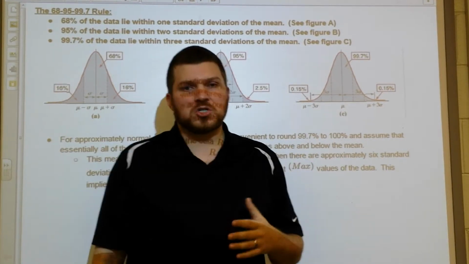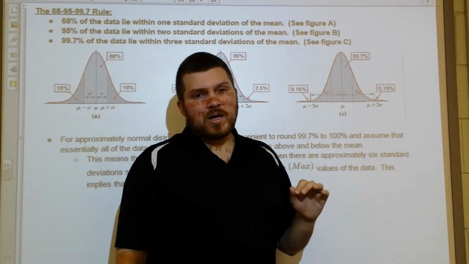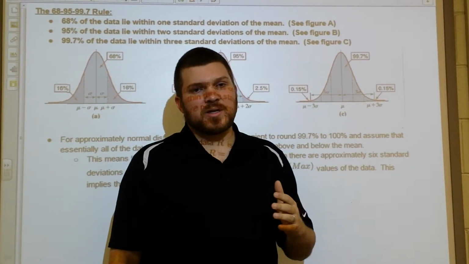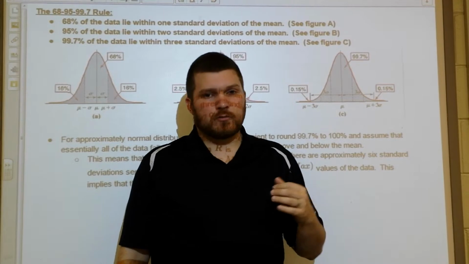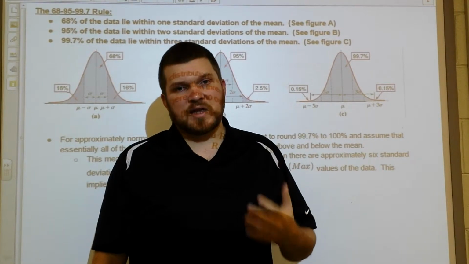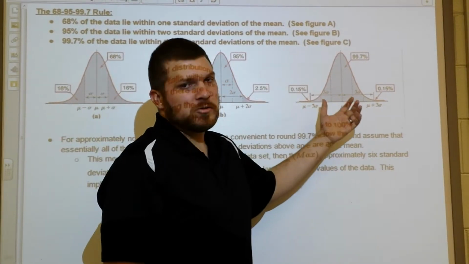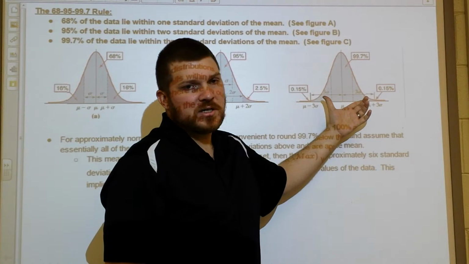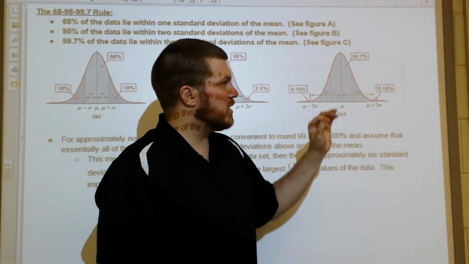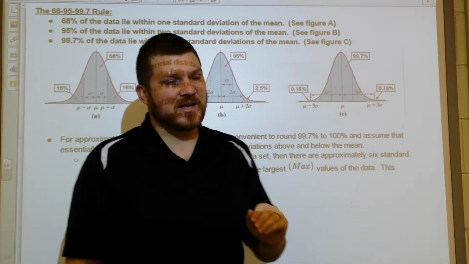So if we're just doing some rough estimations, we can go ahead and say that 100% of the data is going to lie within 3 standard deviations. But in actuality, it's only 99.7%. So it just depends on how accurate you want to be. If it's just a loose sketch, then just say 3 standard deviations above and below is 100%. But remember, in reality, if you're trying to be perfect, it's 99.7%.